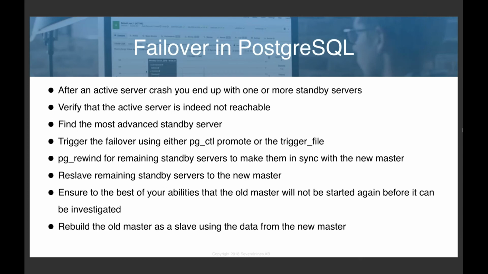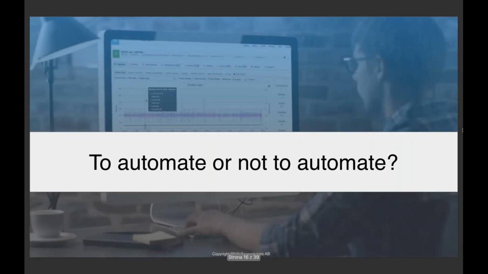So in PostgreSQL, it's quite similar. First of all, you have an active server, it crashed, and so you end up with some standbys. Again, first of all, you need to verify that this active server is indeed not reachable. Then find the most advanced standby, and then trigger the failover, right? You trigger the failover either with pg_ctl promote or using the trigger file.